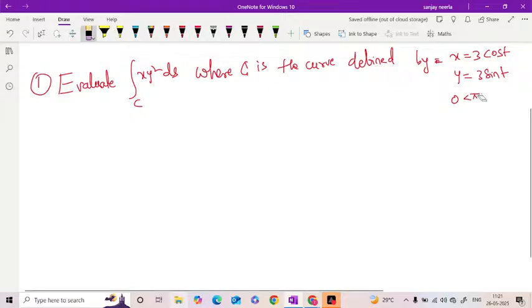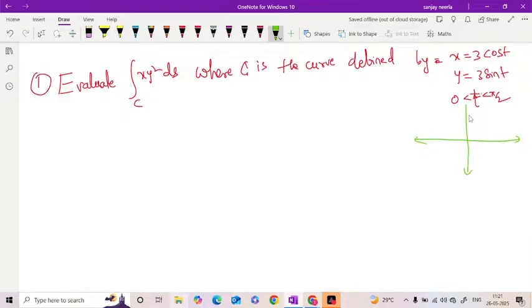Now geometrically, what is our curve? This is the y axis, this is the x axis. This one is the parametric form of the equation of the circle. x is equal to 3 cos t and y is equal to 3 sin t.